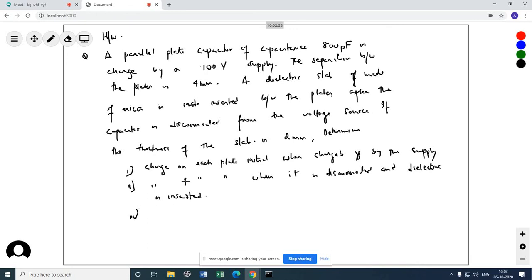Number 3, potential difference between the plates after K is inserted. 4, loss in energy. You can try this. This is your homework.